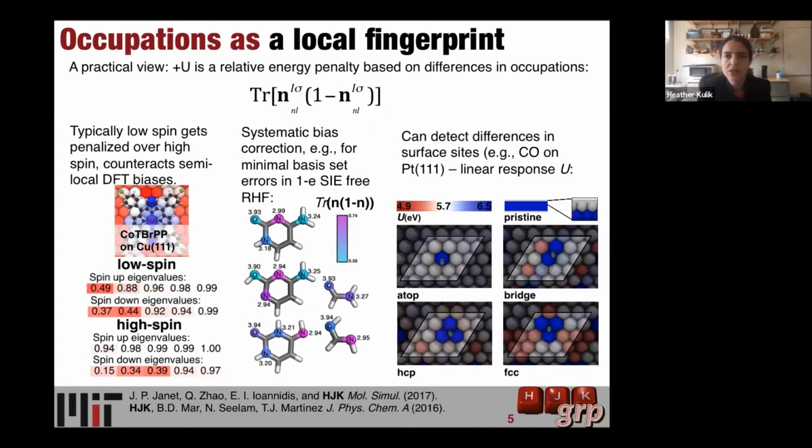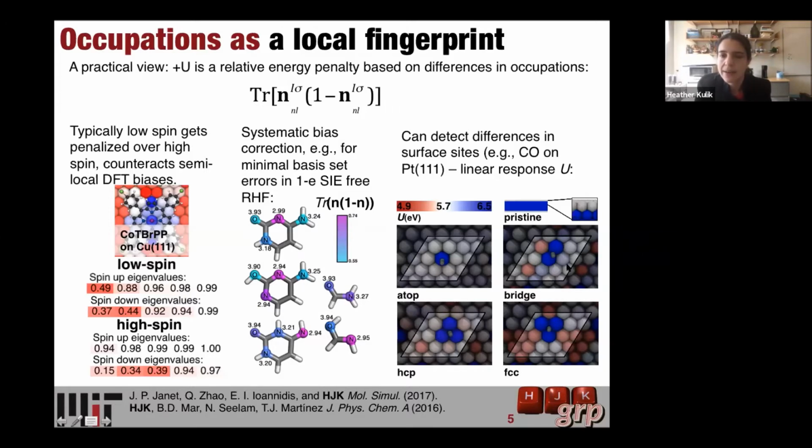It naturally introduces some practical challenges. Okay, thanks. But for sure, this linear response U map motivates the idea that if you were trying to implement the linear response U, you would want to use different U's on different sites.